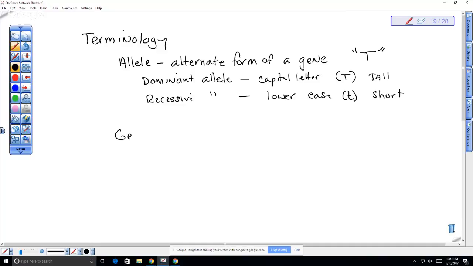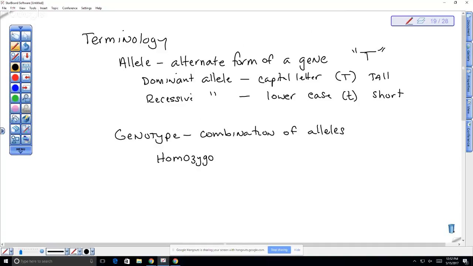Okay, so we could talk about the genotype. The genotype is the combination of alleles that an organism has, right? So for example, we could have homozygous recessive.